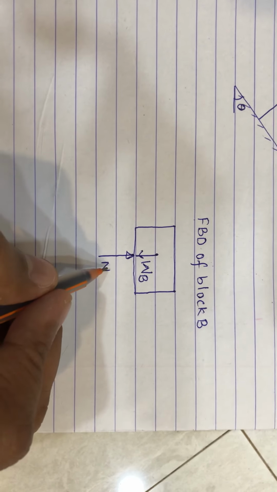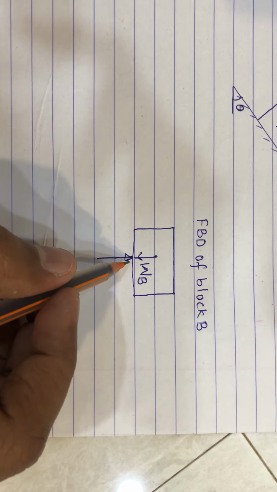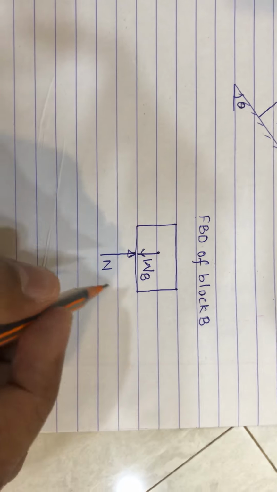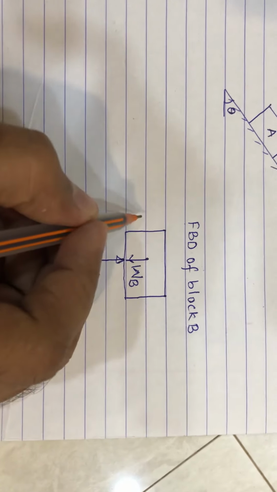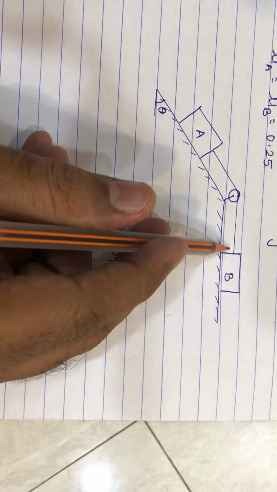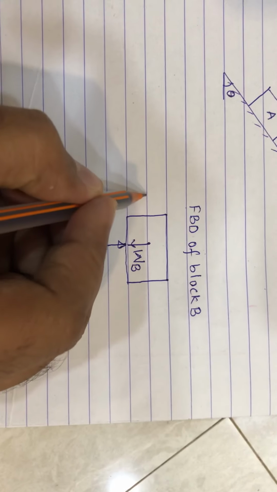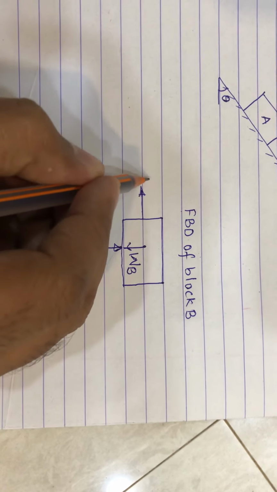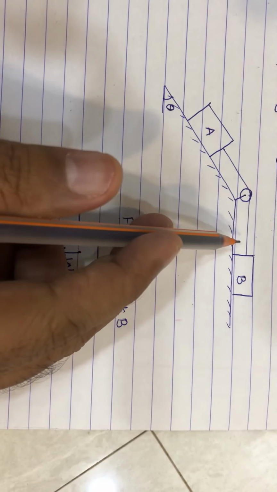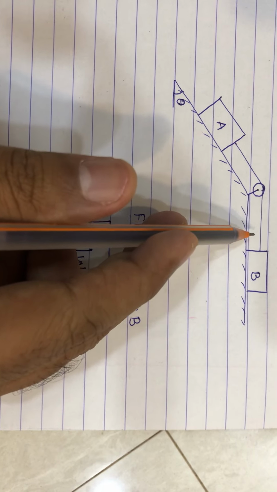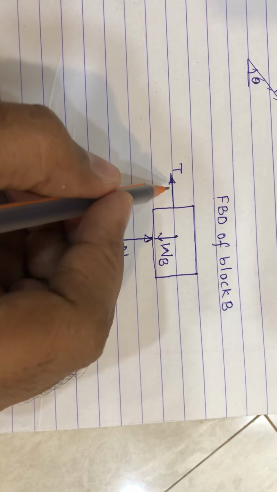The normal reaction will always be directed towards the body wherever there is contact. Let's consider this as N2. As the string is connected to block B, block B will have a tension. Whenever a string, rope or thread is connected, we consider the tension away from the body.